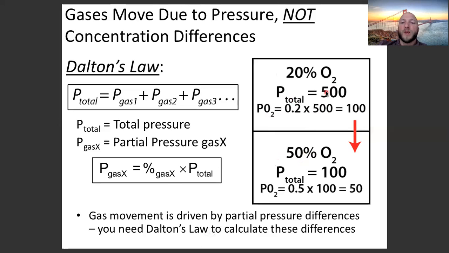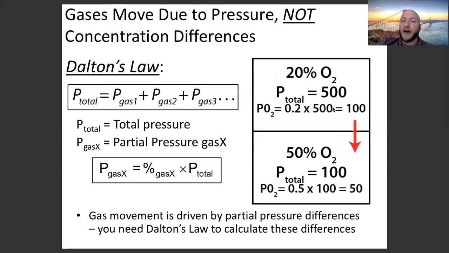Total pressure is 500, 20% oxygen, so 0.2, gives us 100 as the partial pressure for oxygen in the top chamber. In the bottom chamber, we've got 100 for the total pressure, 50% or 0.5 for oxygen, so 0.5 times 100 gives us 50 as the partial pressure in the bottom chamber.